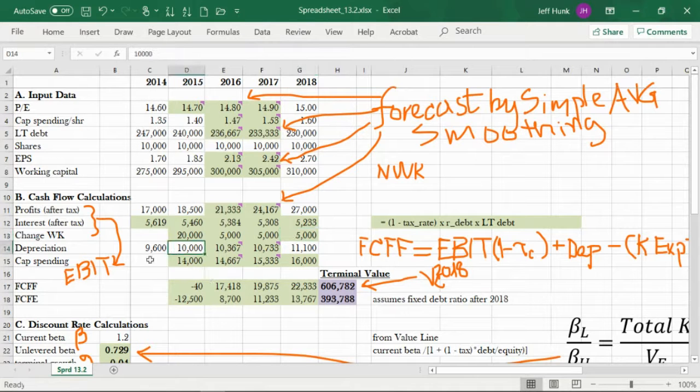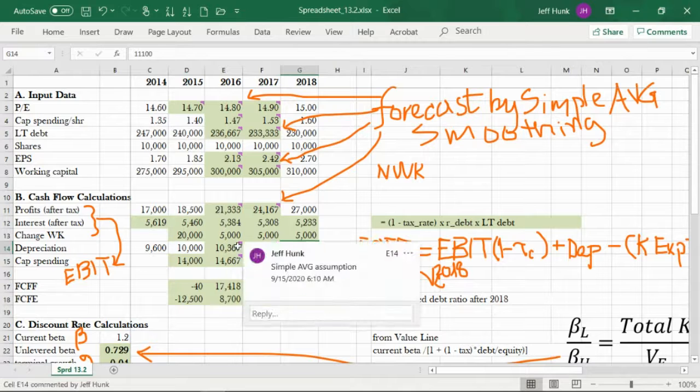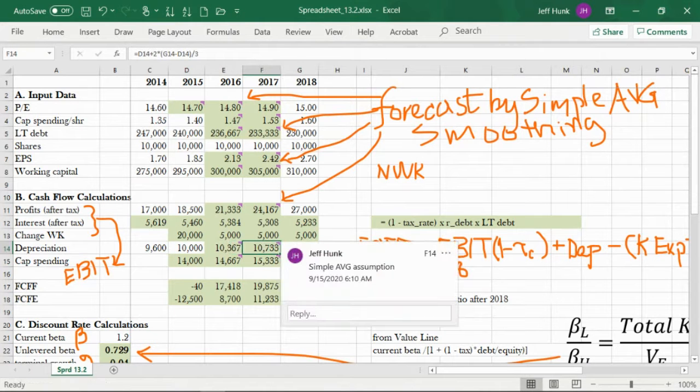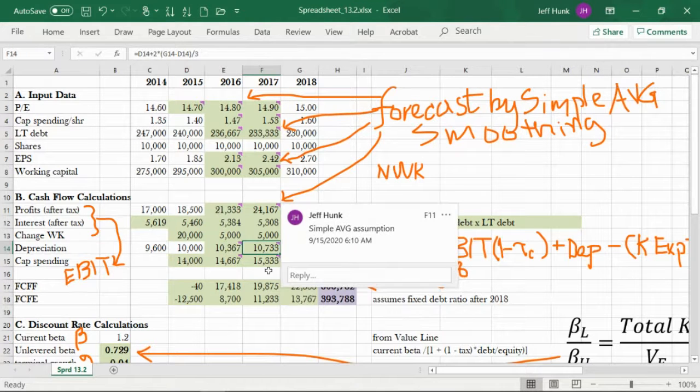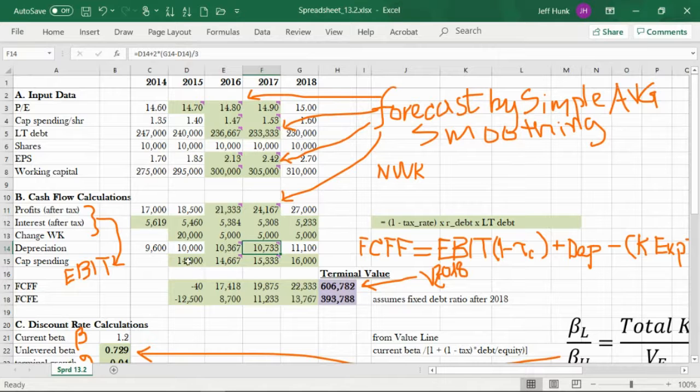Now, depreciation. First 2 years it was given, right? And then last year I believe it is given, right? And again, simple average technique. You just allocate it. Capital spending. Now, what is capital spending?